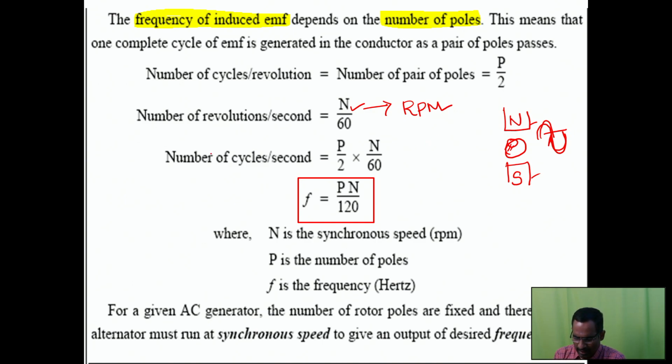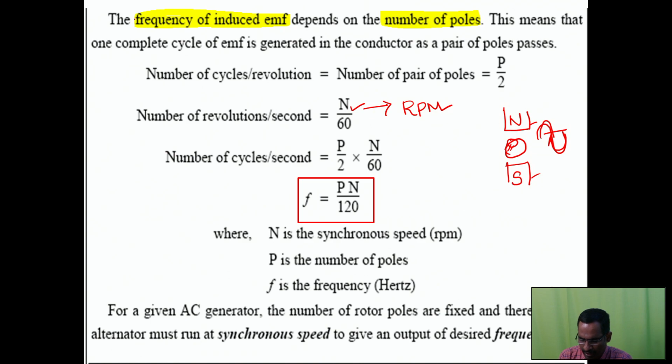If I am converting this into RPS, the number of revolutions per second, then I divide N by 60, converting the minutes into seconds. So N by 60. Totally, the frequency of the induced EMF is going to be calculated here.